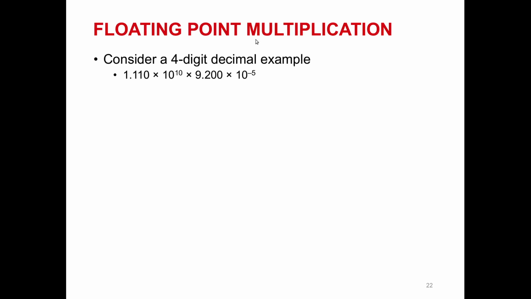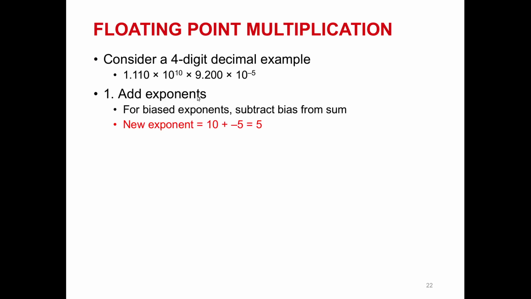Here is the multiplication, and the algorithm is less complex in comparison with the addition for floating point, because we can simply add the exponents together to have the new exponent. So here 10 minus 5, and we will have the new exponent of 5.